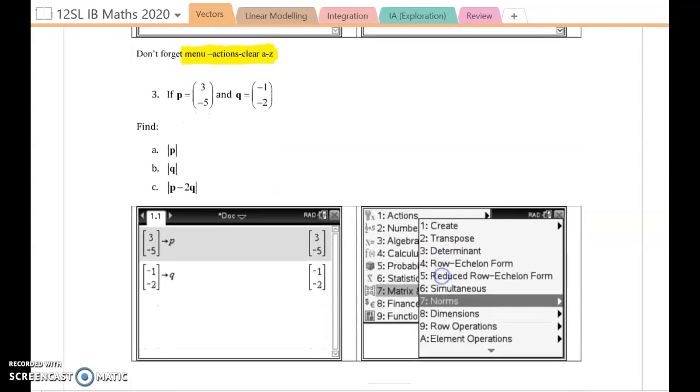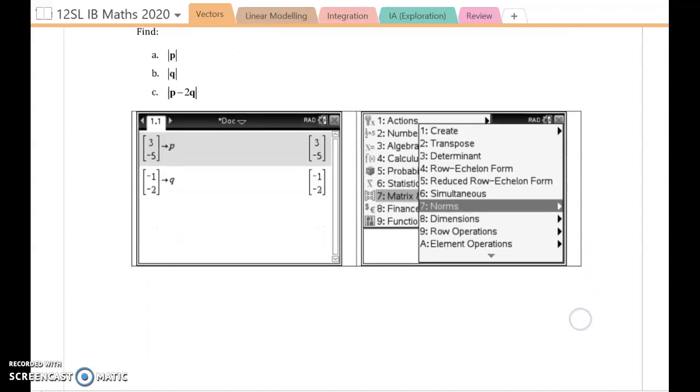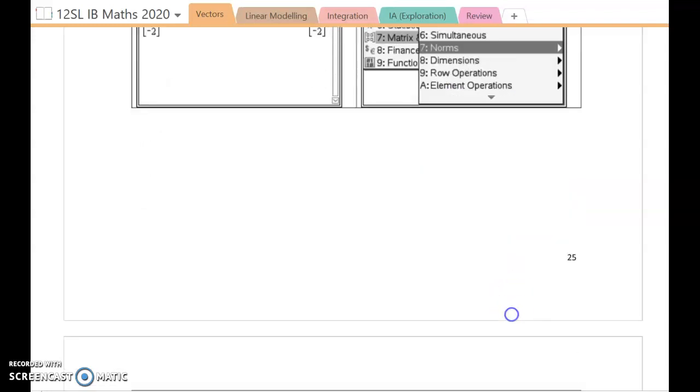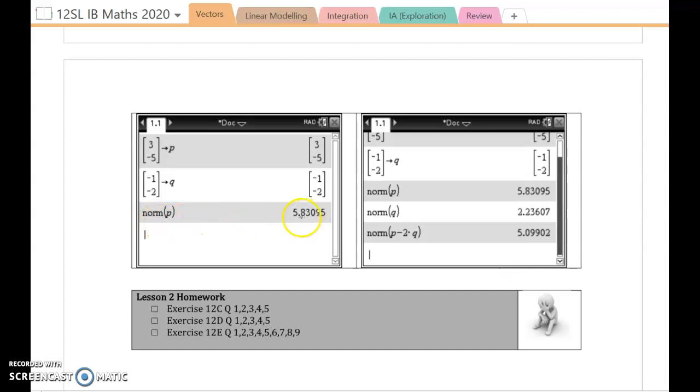It also is able to calculate the modulus, so the length of the vector. So we've stored p and q here already. If we go into your calculator to menu 7 matrix and then 7 norms, you can find the length, the modulus of vector p or q.